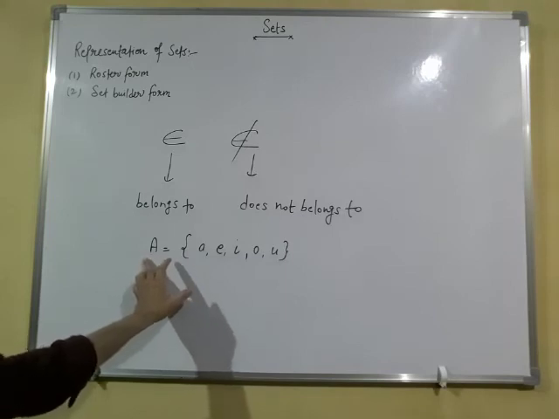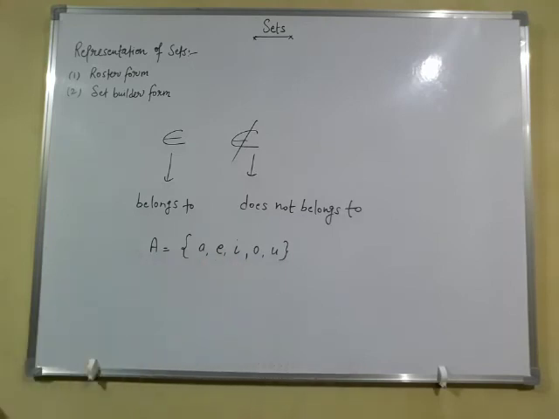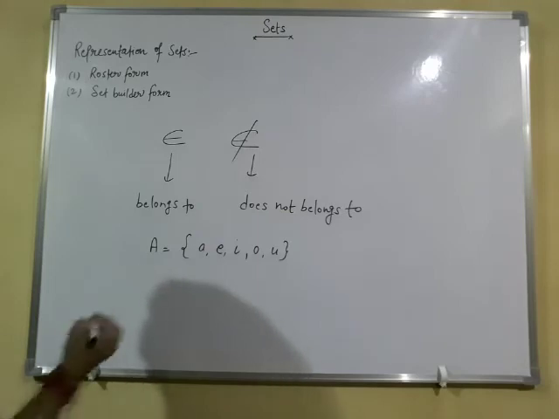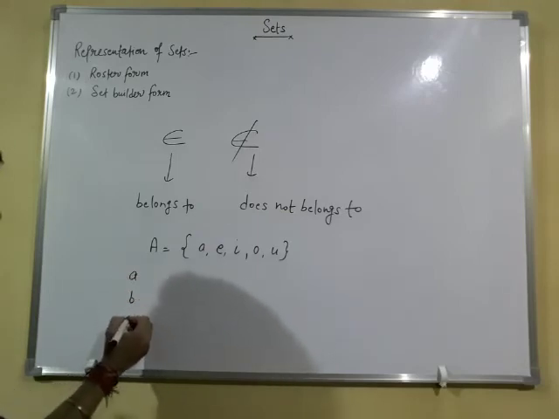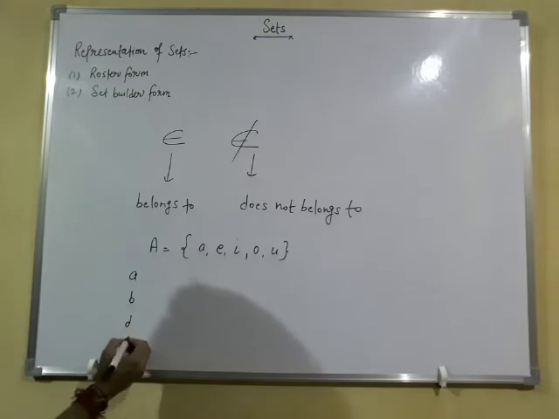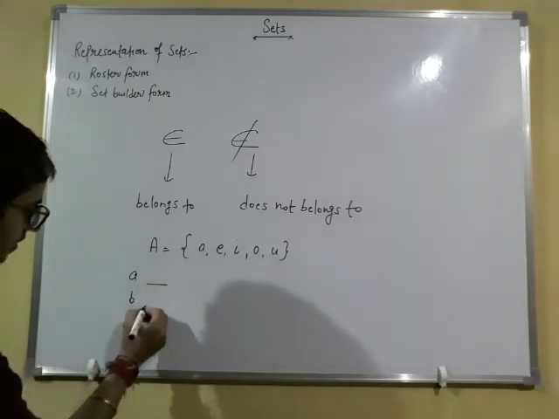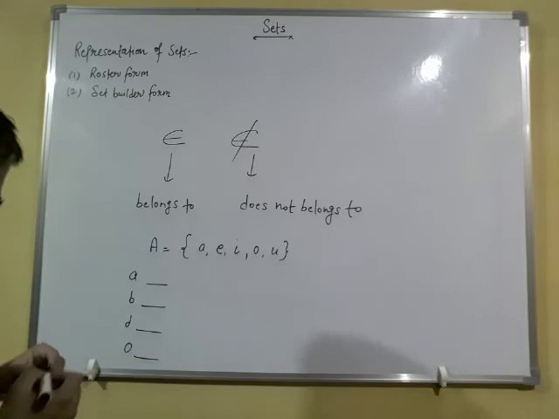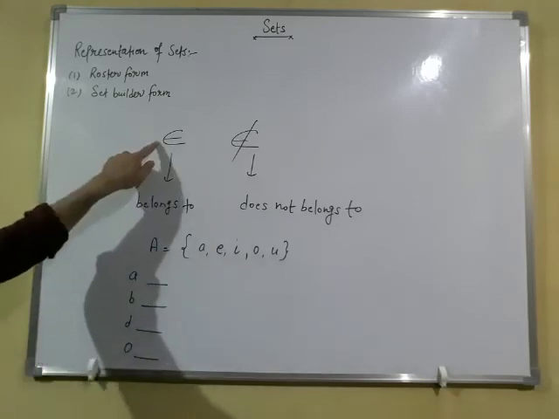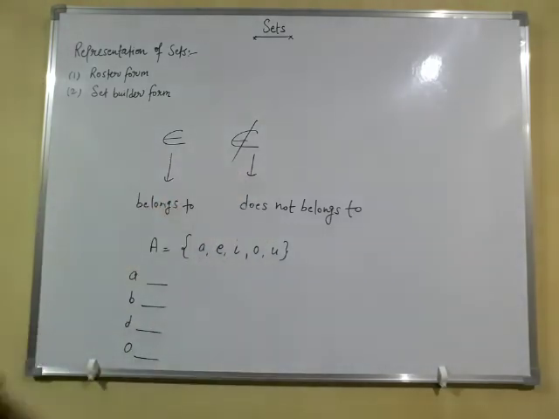Set A is a set which represents the collection of vowels A, E, I, O, U, and I am writing here a few alphabets: a, b, d, and o. I have written four alphabets. I have to put some symbol. I have two options: either I will put belongs to or I will put does not belong to.